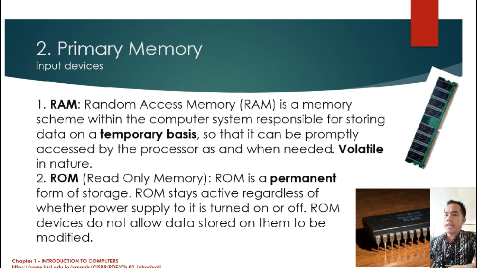So, when we say volatile in nature, when the computer is powered off, the data stored in the temporary memory or the RAM, when the computer is turned off, the data are gone or lost, nawawala. So, kasi temporary lang yung pag-hold niya sa data. Unlike sa mga flash disk, secondary storage, flash drive, hard drive na for long term.